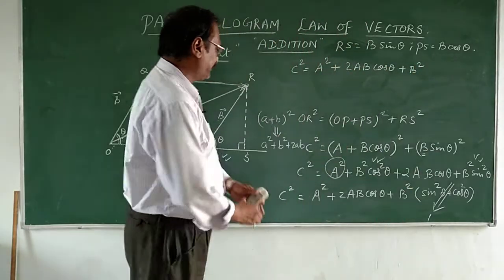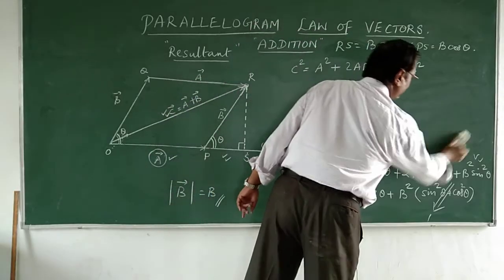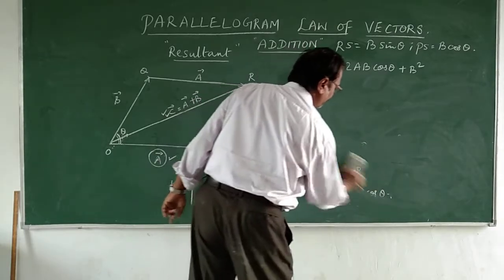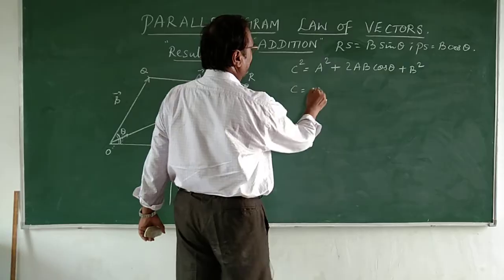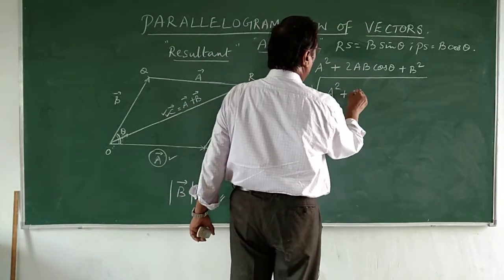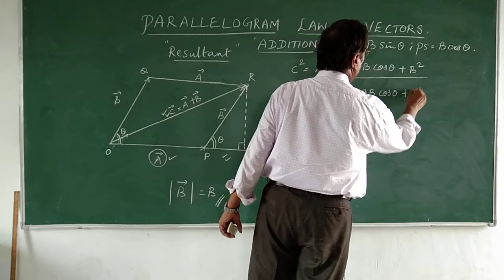I have got this value. Now I can remove everything because I got a final result. Now what is C? C is equal to under root a square plus 2ab cos theta plus b square.